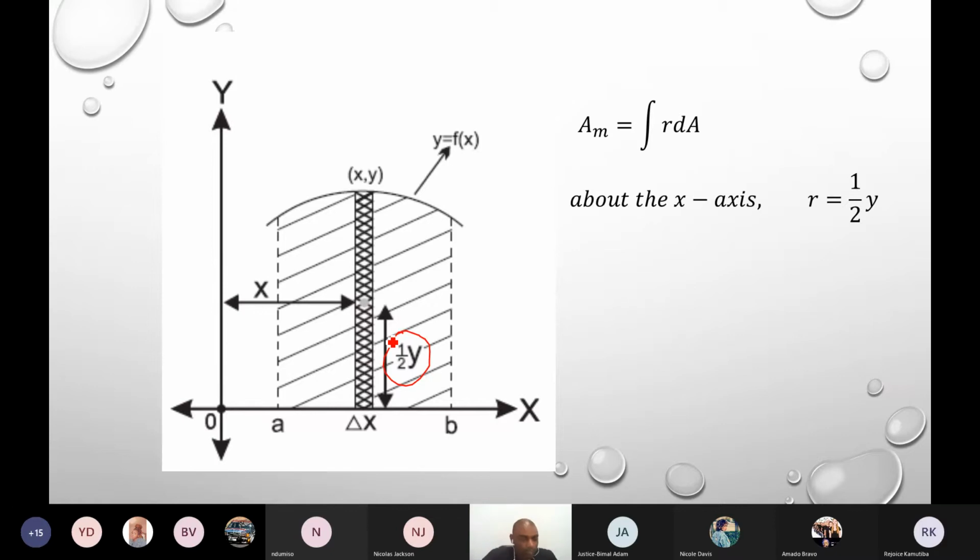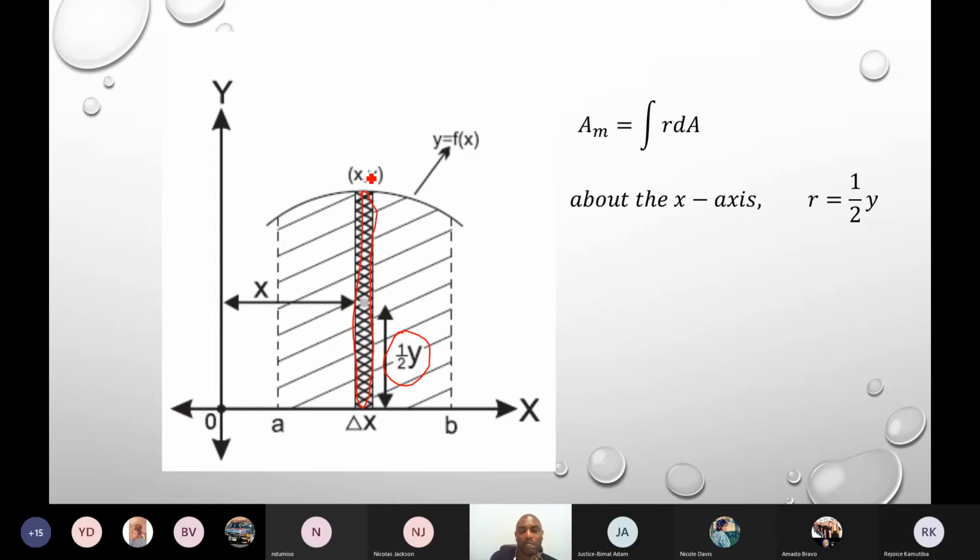I've already explained why it's half y, but I can explain it again. Whenever I draw my strip, this is my strip here. The coordinates at the top of the strip, where the graph is, are x, y.